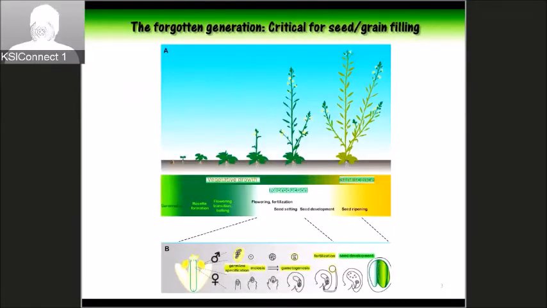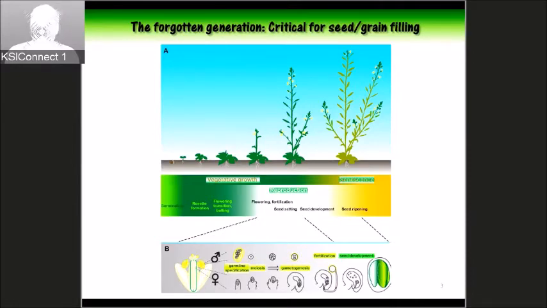Sorry, the slide jumped up and down. The top picture is a schematic of how somatic, or vegetative, development proceeds: the embryo germinates as a seed, and it keeps going through flowering and senescence, and that's the whole life cycle. So what you see as a plant is exactly that.